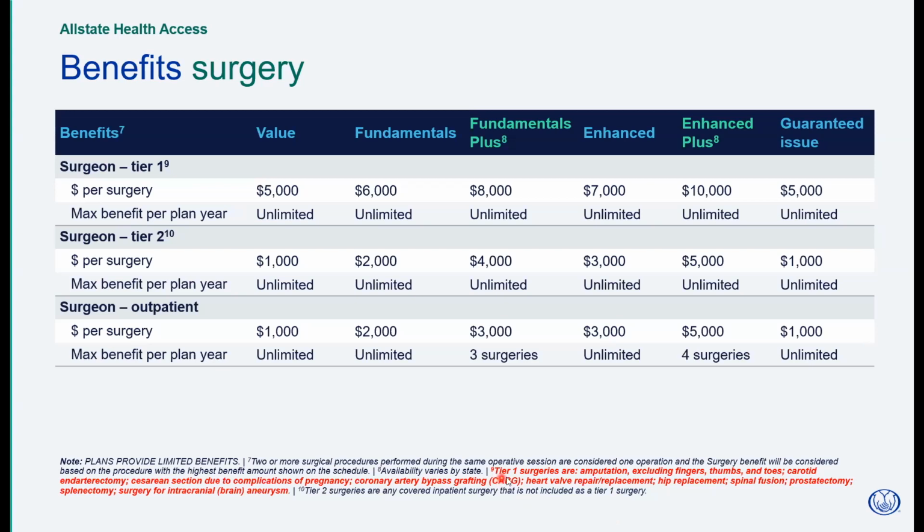For your convenience down here, I put in red the surgeries that are included in tier 1. I'm not going to read them all. They include amputations, excluding fingers, thumbs, and toes, and brain aneurysm surgery. Take a minute to look at this area down here, because those are the surgeries included in tier 1. Everything else that is covered is under tier 2.